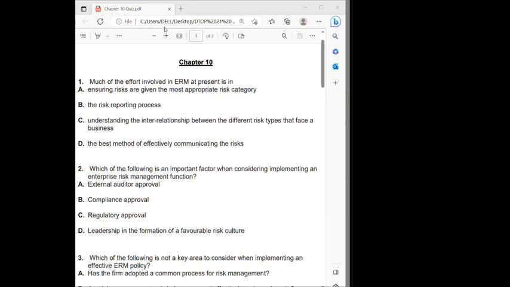When you combine them, it is not merely the addition of individual risk. It's a totally different risk profile altogether. So it's important that organizations understand that holistic risk profile. For that, you need to know the interconnection among different risk types. That is where most of the efforts are put in the current context. So the correct answer for question number 1 is C. Let's go to the next question. Question number 2.